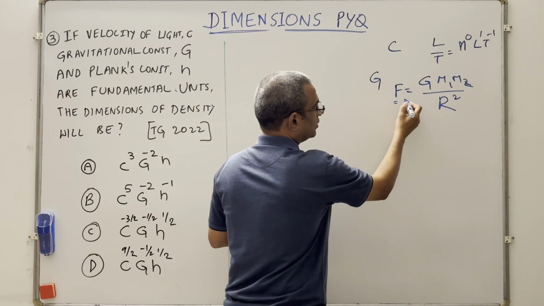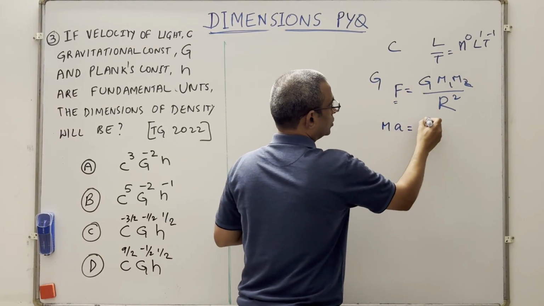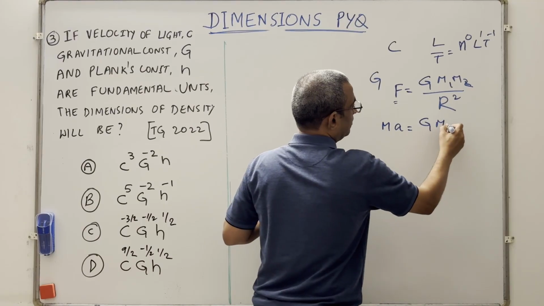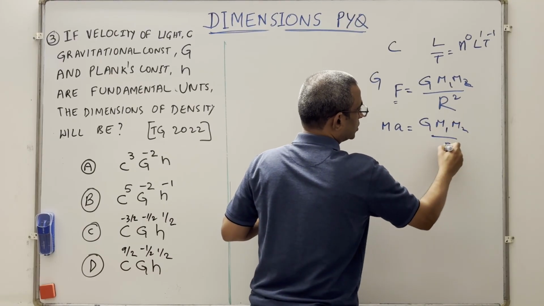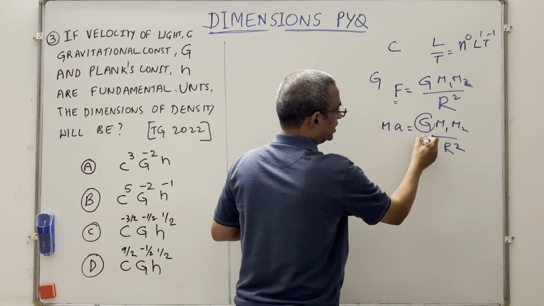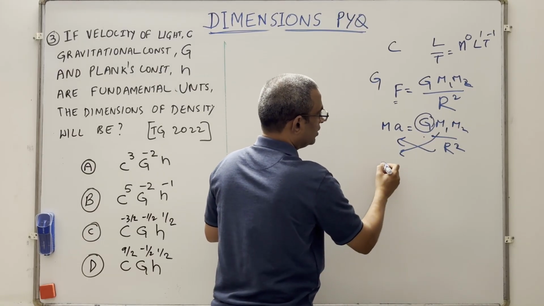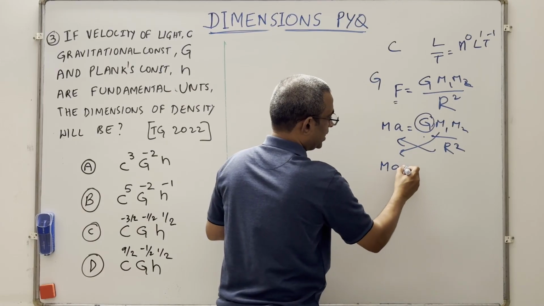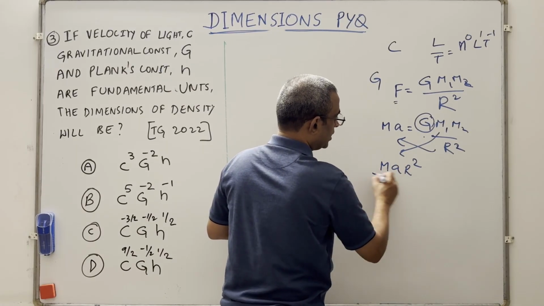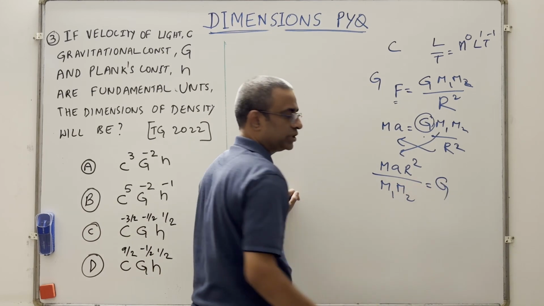So what is force? Force is mass into acceleration. So ma equals G m1 m2 by r square. If we keep G here and move the rest of the stuff there, we have m a r square by m1 m2 is the gravitational constant G.